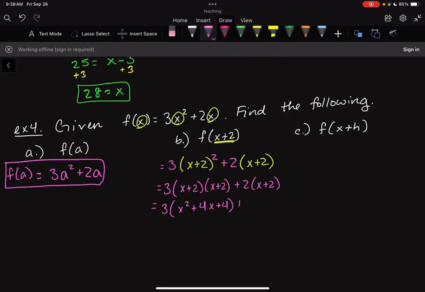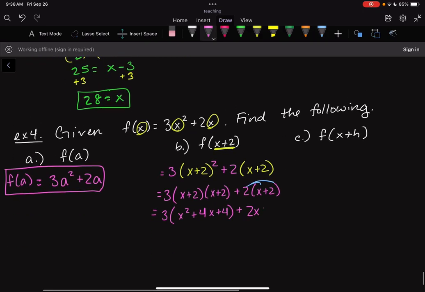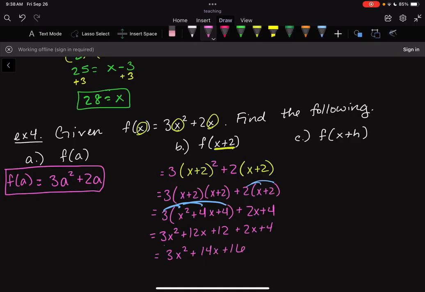If I simplify that, I'll distribute this 2, which gives me 2x plus 4. Now I'll distribute my 3. So I get 3x squared plus 12x plus 12. And then I have plus 2x plus 4. Combine like terms. I get 3x squared plus 14x plus 16. And that is fully simplified.